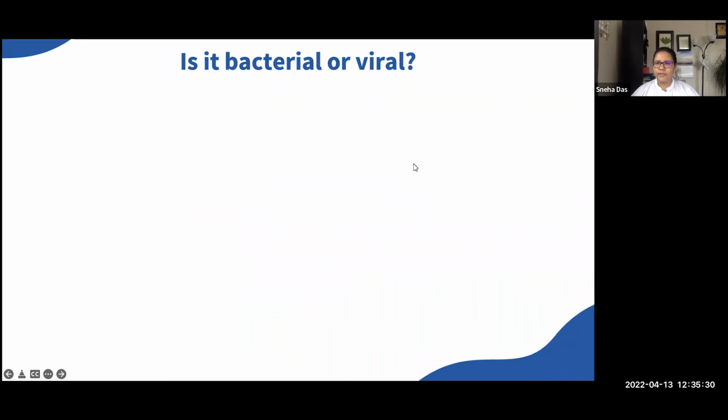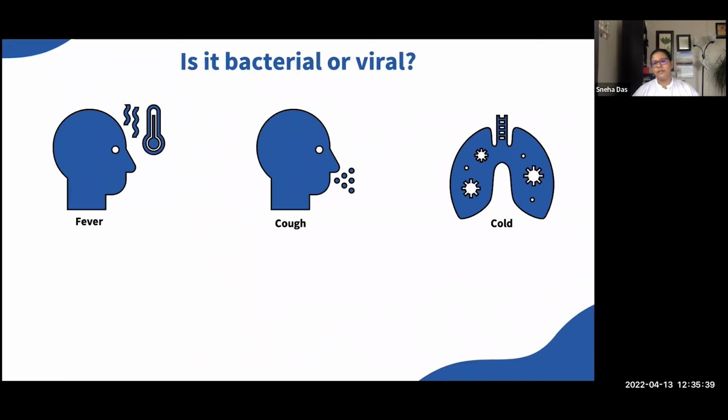However, most of this confusion comes from the fact that we don't know if the infection is bacterial or viral in nature. Say a patient shows up to a doctor with symptoms of fever, cough, and cold. These symptoms can be caused by viral infections like flu or even COVID, but they can also be caused by bacterial infections like Streptococcus pneumoniae.